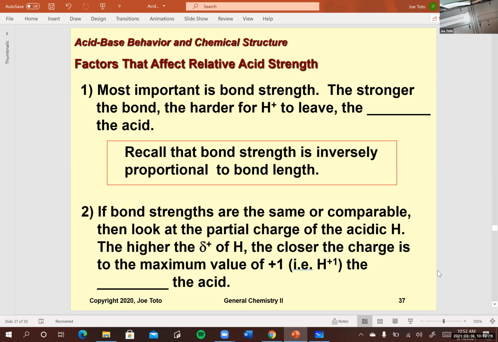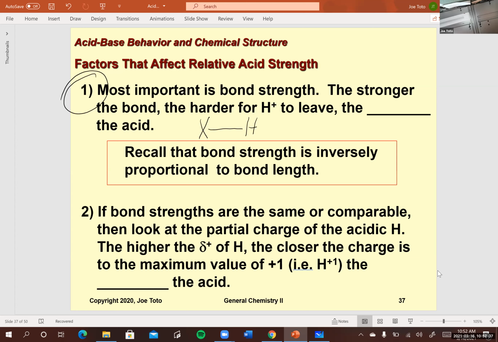So the first thing you should try to identify when asked to rank acid strengths is to see if you can in some way gauge the strength of the bond that needs to be broken.